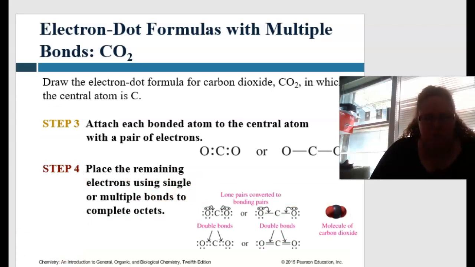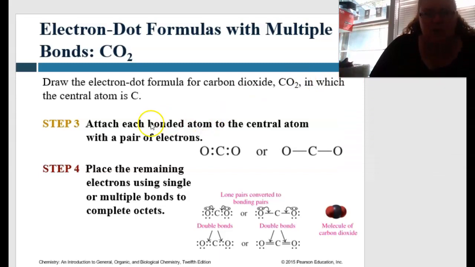So let's draw this. We're going to attach each bonded atom to the central atom with a pair of electrons. So we have that carbon bonded to the oxygens. And then we have to place the remaining electrons, using single or multiple bonds to complete the octets. So the lone pairs are converted into binding pairs. You can write this like this, or we're going to do lines for bonds too.